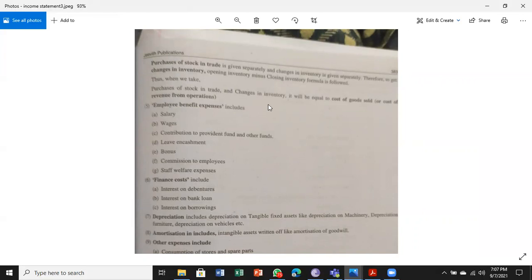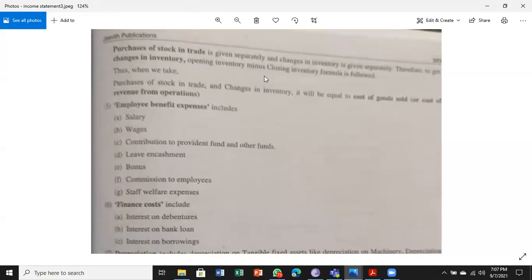There you are going to have opening inventory less closing inventory, that is stock, to identify the purchase of stock in trade. Then that is going to be entered therein. When I work the problem, you'll understand better.